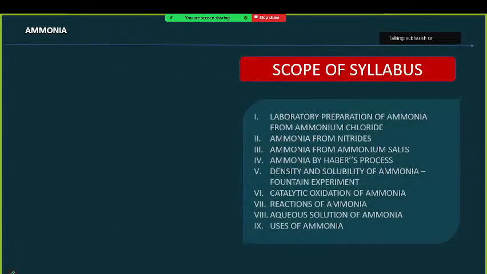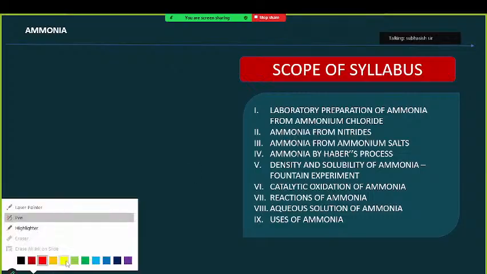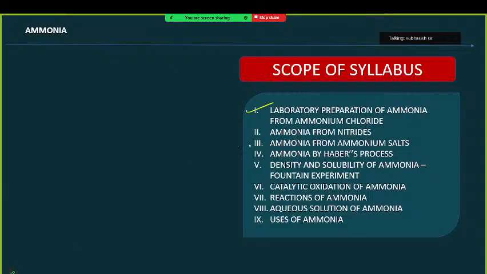Okay, now ammonia. The laboratory methods of preparation of ammonia: ammonia from different types of nitrides like aluminum nitride or magnesium nitride, ammonia from ammonium salts, and ammonia by Haber's process, which is most important.